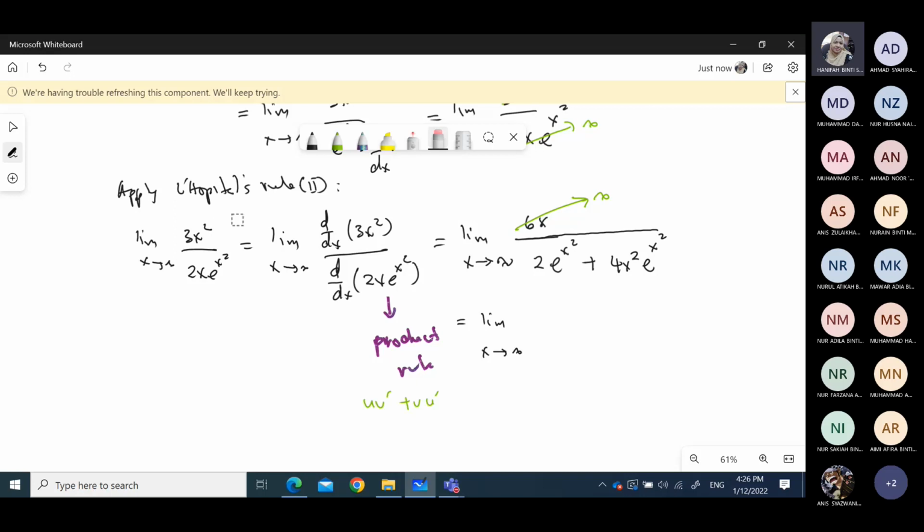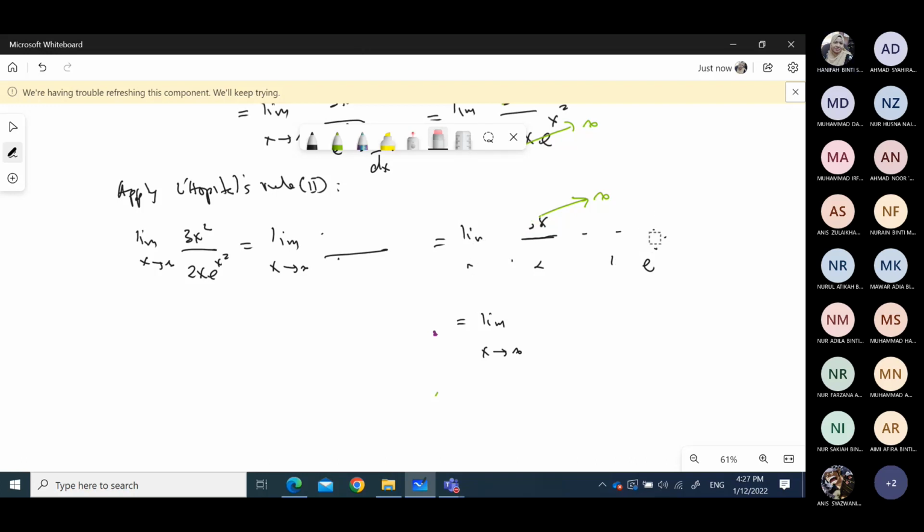Not simplifying is also correct, but the function will become longer. So this one we can simplify, then we have 3x over 2 exponent x squared.